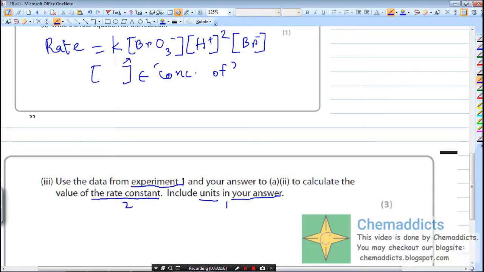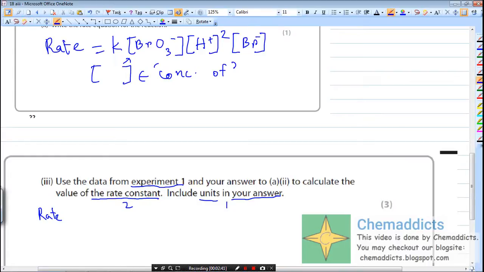Before answering this question, let us write the rate equation for this particular reaction. Later on we're going to involve the unit of rate.